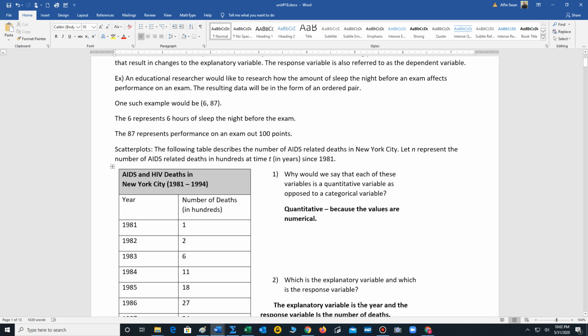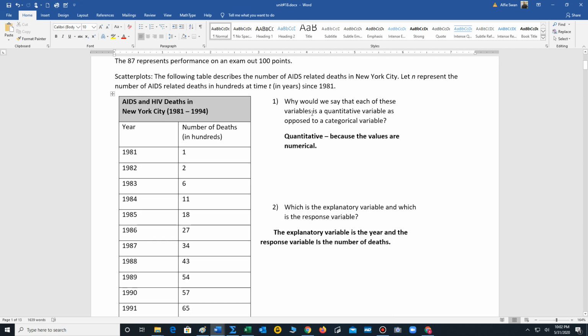First question, why would we say that each of these variables is a quantitative variable as opposed to a categorical variable? Quantitative because both data values are numerical. Thus, you can perform some basic operations on these values.